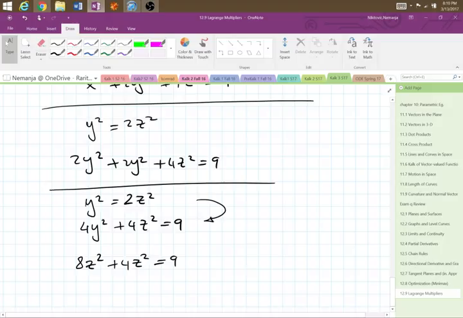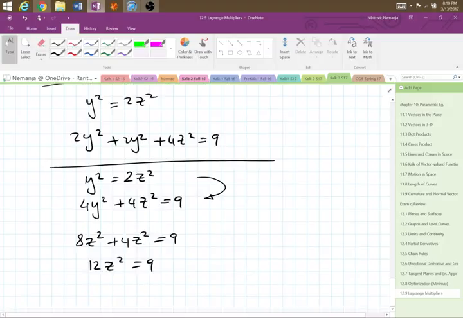So I get 12z squared is equal to 9, from where z squared is equal to 3 quarters. So z is plus minus root 3 over 2.